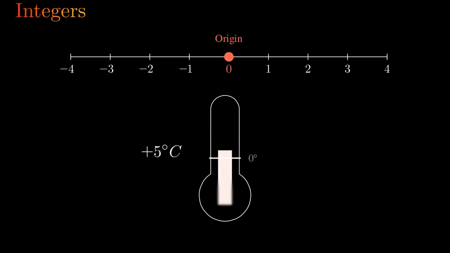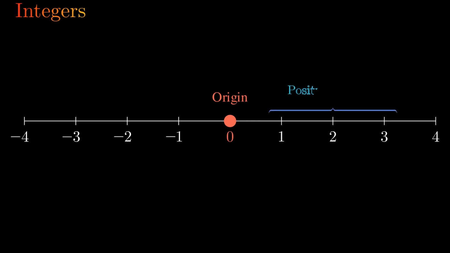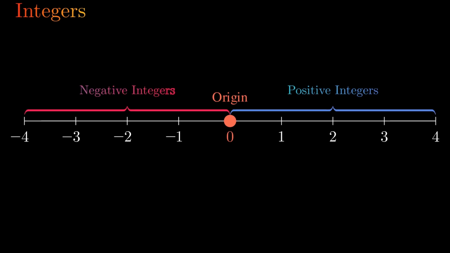Temperatures above 0 are positive, and temperatures below 0 are negative. Integers help us represent quantities that have direction or show values above and below a reference point, like sea level or a bank balance. On the number line, positive integers go to the right of 0, and negative integers go to the left.